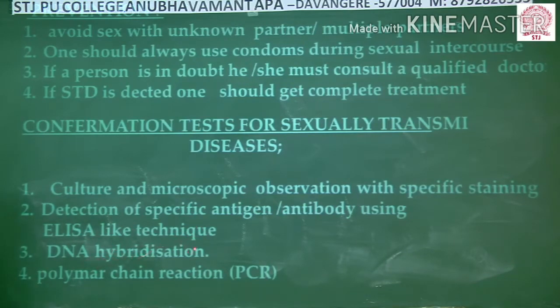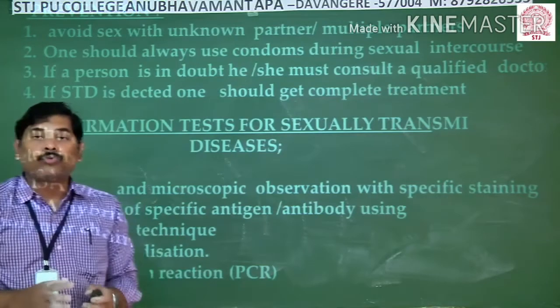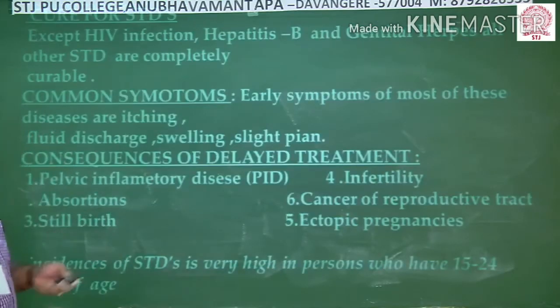Another one is DNA hybridization, like I explained nucleic acid hybridization, nothing but DNA hybridization. Thereafter, polymerase chain reaction, PCR tests. All these tests are available to us in order to diagnose the above mentioned diseases.